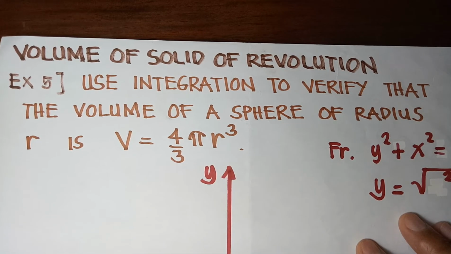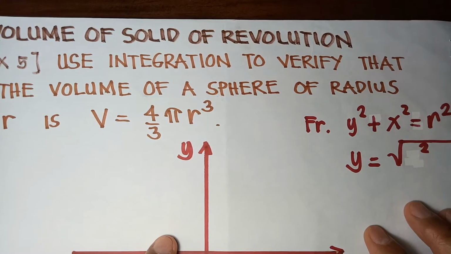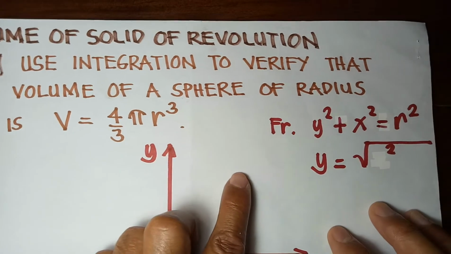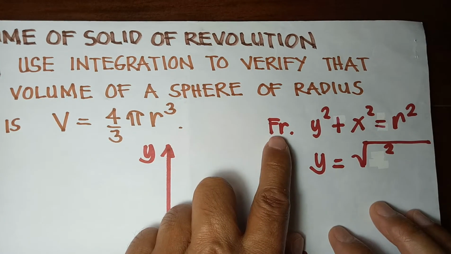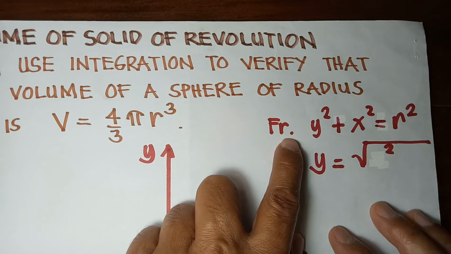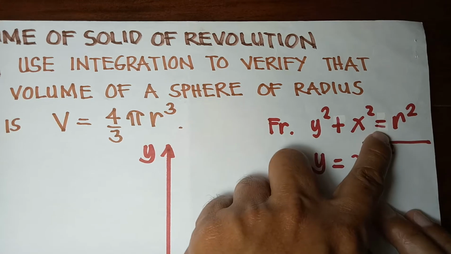cubed. The sphere of radius r can be formed by revolving the graph of a semicircle about its diameter. So the plane area comes from the equation of the circle, y squared plus x squared equals r squared.